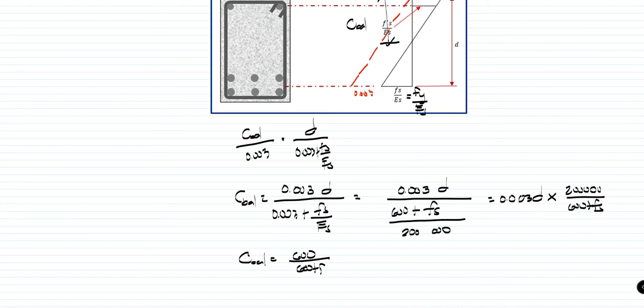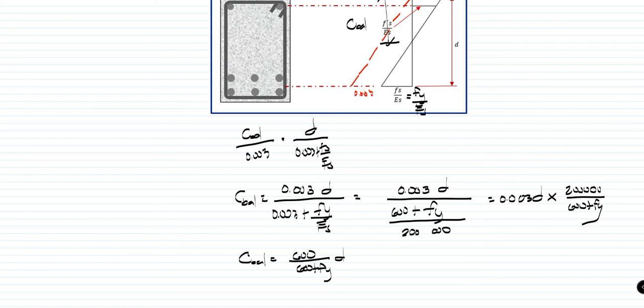So, this will become Fy now, because in the balance condition, we assume that everything yields. We know that the steel on the tension side will yield, but we don't know if the compression steel will also yield. So, this will now be our C balance. Let's replace this with Fy, and this also Fy, and this is Fy.